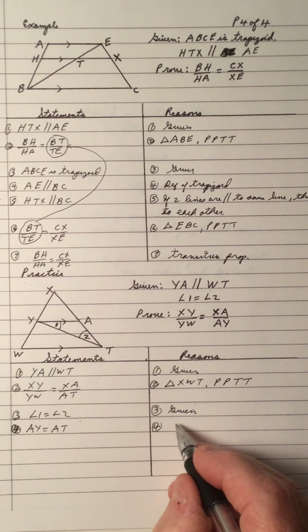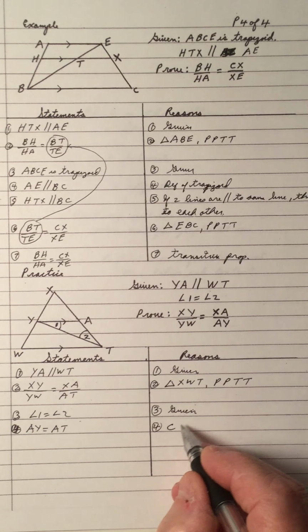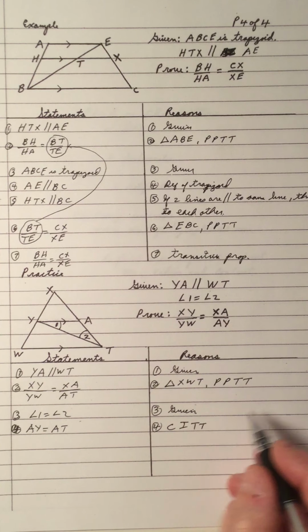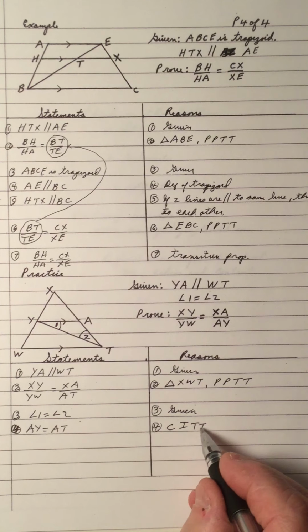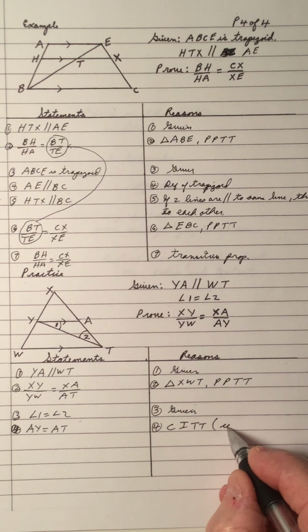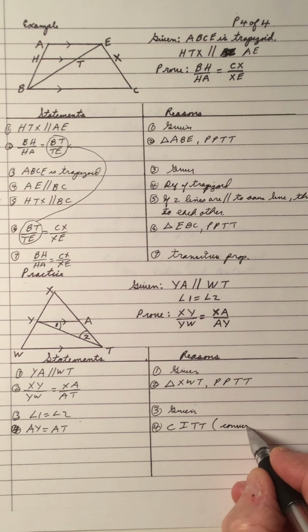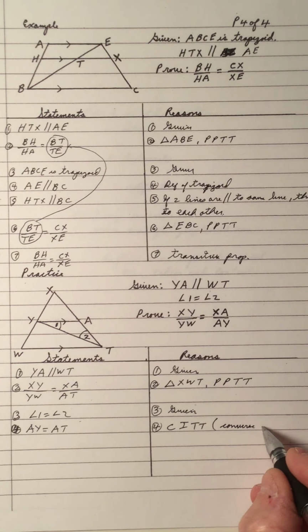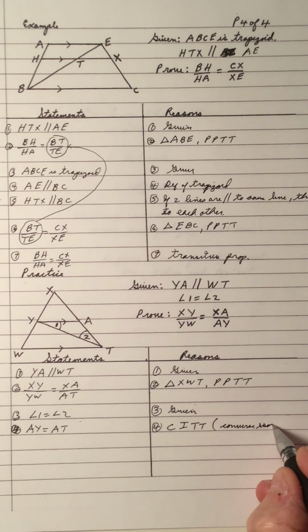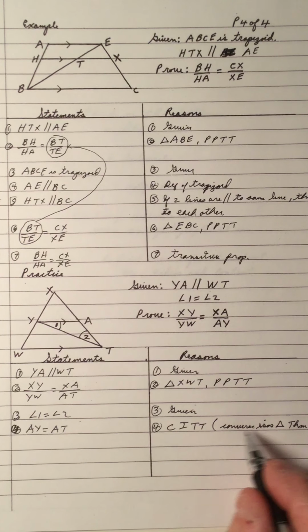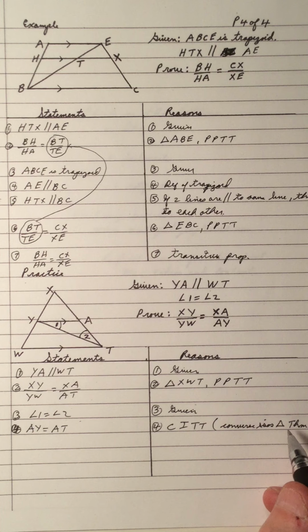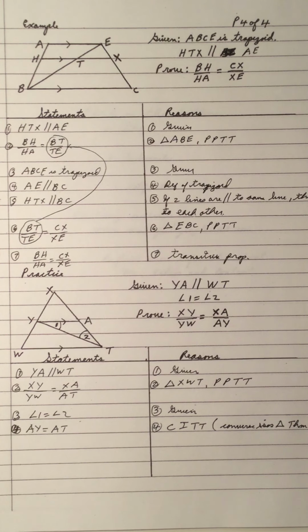And that's the converse of the ITT. Converse of ITT, so that's the converse of the isosceles triangle theorem. That's what the abbreviation means. Converse of the isosceles triangle theorem is going backwards. Converses: I have two angles equal, I have two sides equal.